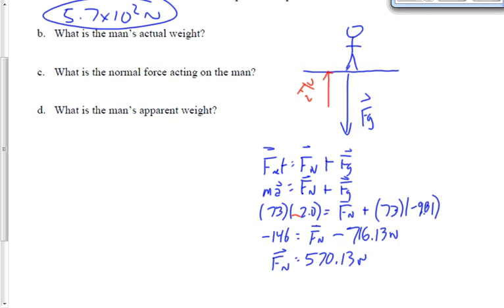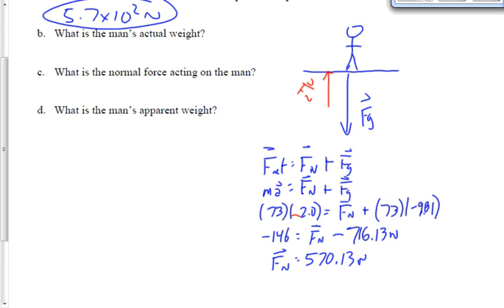What about the man's actual weight? Do you remember, Olivia, how we defined actual weight way back on, I don't remember what day it was, last Tuesday maybe? We talked about 3 different types of forces. No, it was before that. 3 different kinds of forces. One was the weight, one was the normal force, and one was the force of friction.